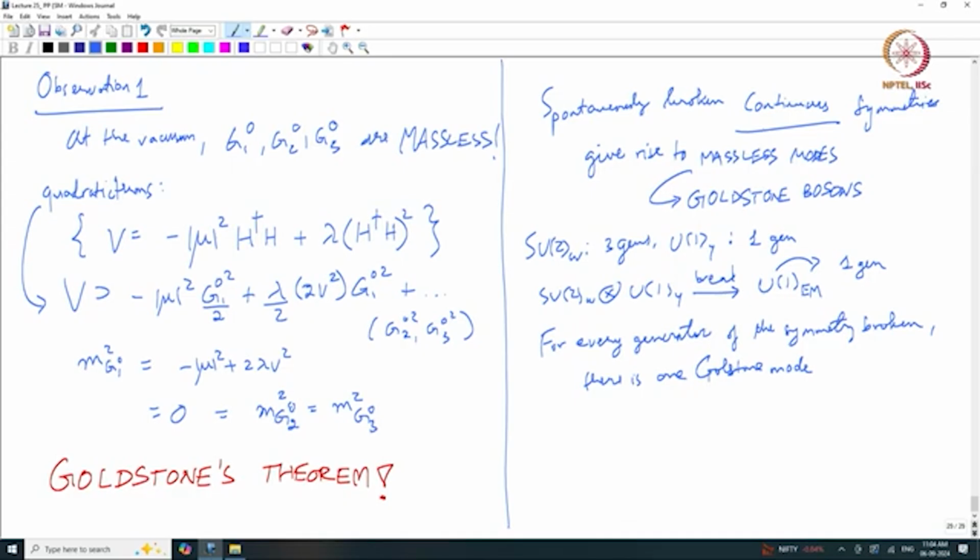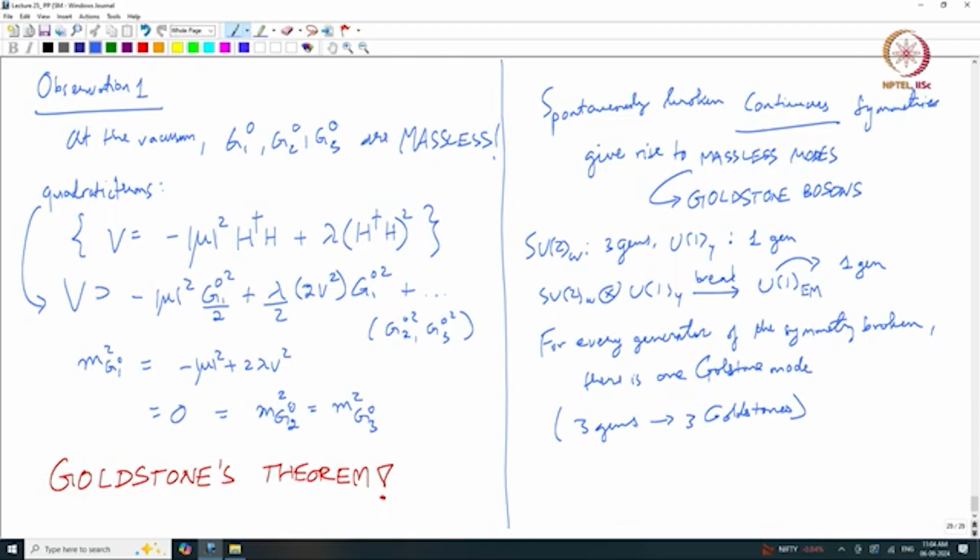We started with 4 and then ended up with 1, so we broke 3 generators in some combination, correct? So in this case 3 generators corresponds to 3 Goldstones. All of this falls under the Goldstone theorem. Massless modes arise when you have spontaneously broken continuous symmetries, and the number of generators broken is the number of Goldstones. So everything works out there.